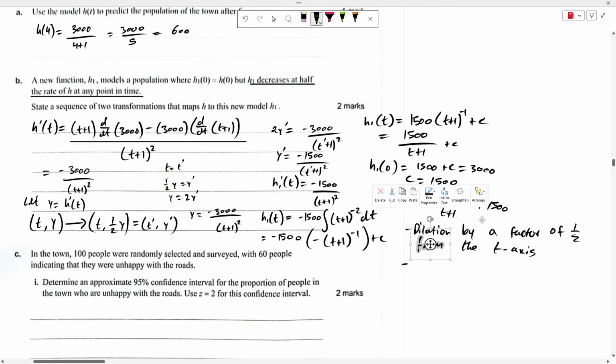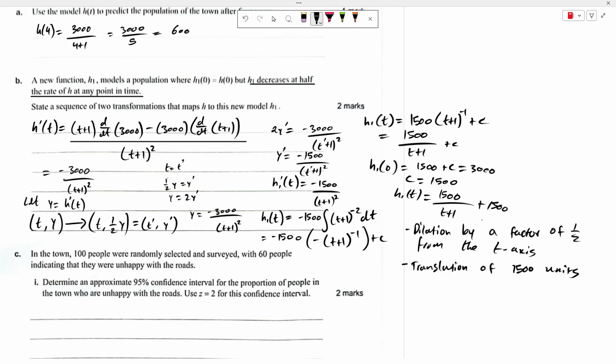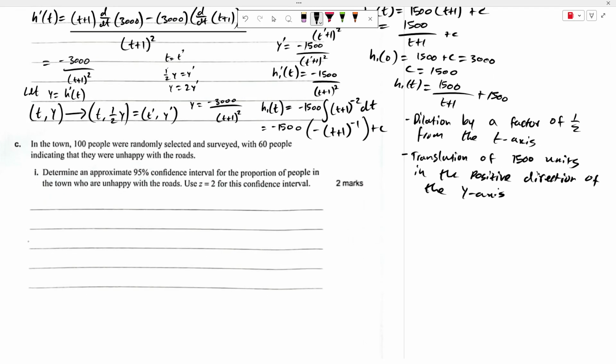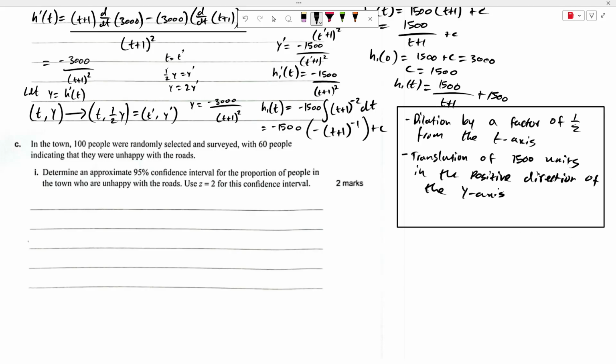And then there is a translation of 1500 units in the positive direction of the y-axis. And that's going to be our final answer. Maybe I should box that, just because it can be a little bit tricky to see that.